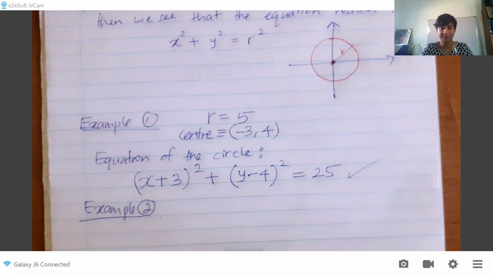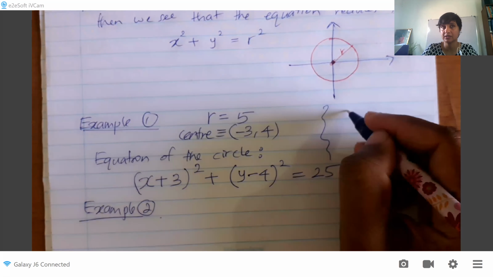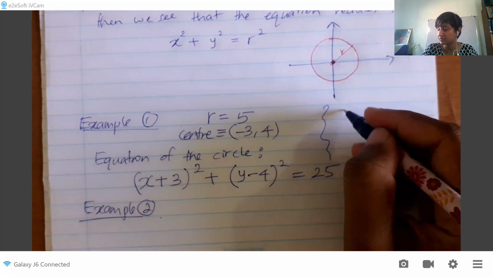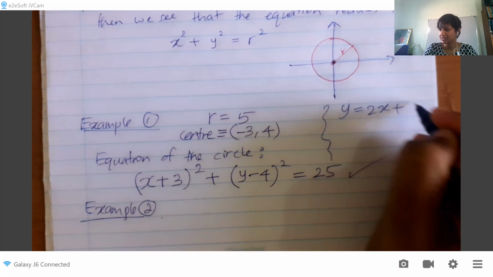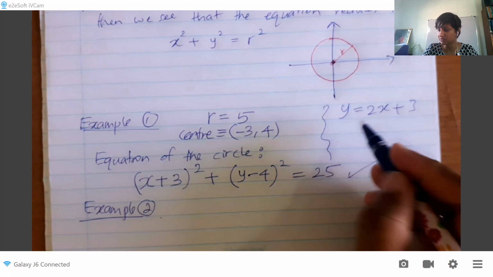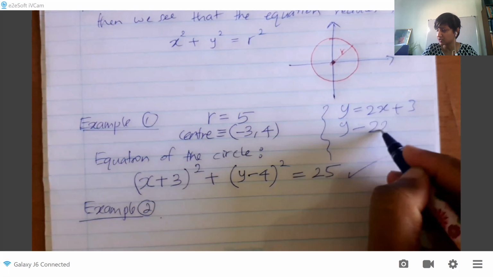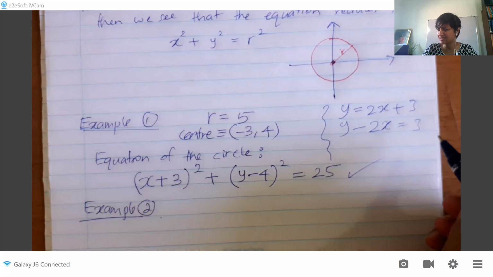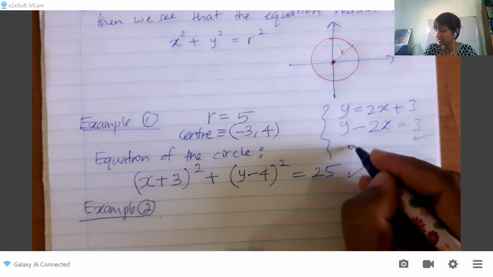Let me show it on the side. When you write the equation of a line as y equals 2x plus 3, you can change that, right? You can move the terms around and write y minus 2x equals 3. Is it still the same? Yes, it's the same. Or you can do y minus 3 equals 2x. It's the same thing still. Or you can do y minus 2x minus 3 equals 0. All these are the same.